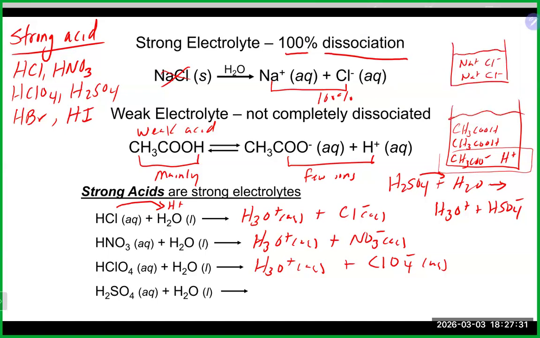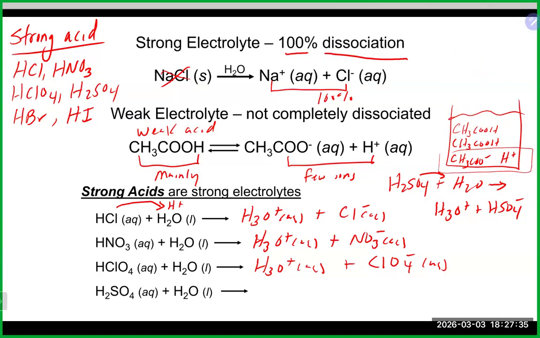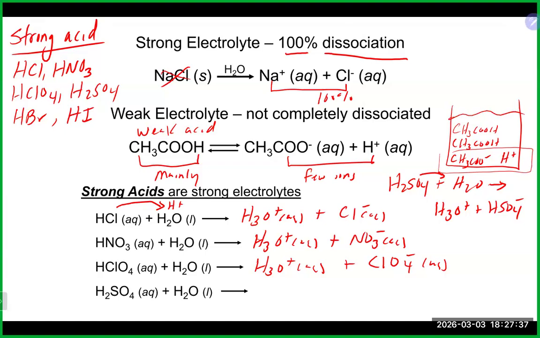If you had just a solution of hydrochloric acid, you will have none of the HCl units together. You pretty much will have just a bunch of H pluses and Cl minuses in the solution.